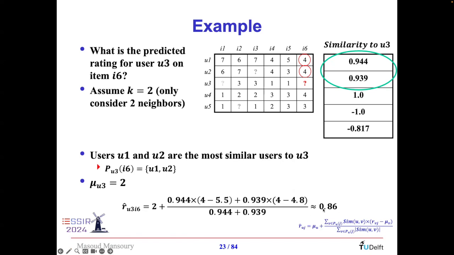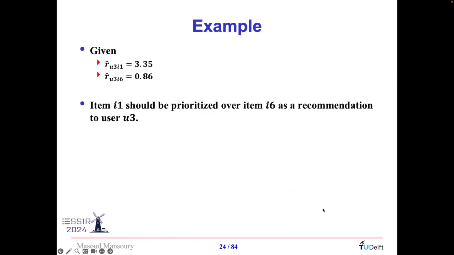So it's 0.86. We did the same process for another item, item I1. The predicted rating is 3.35, so between these two items, we can say item I1 might be more preferable for the target user, user U3.